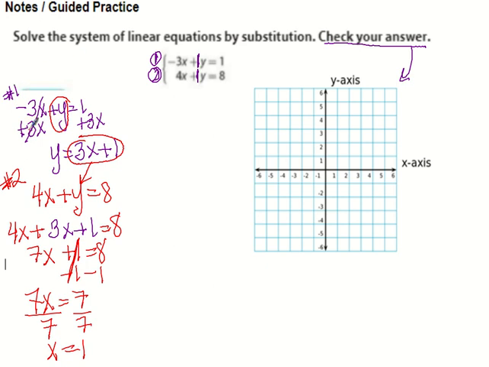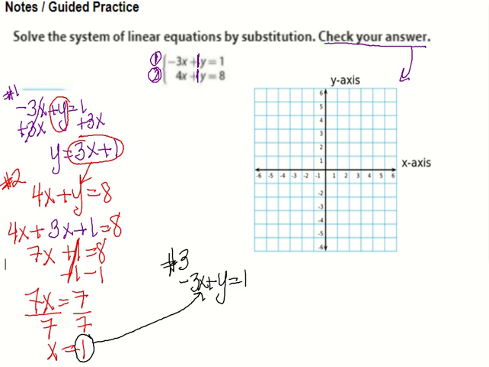Now, so I did step 1, I did step 2. What I'm going to do now is step 3, okay? I have to take my original equation, this very first one from step 1, negative 3x plus y equals 1. I'm going to take that x and put it there, because x equals 1.